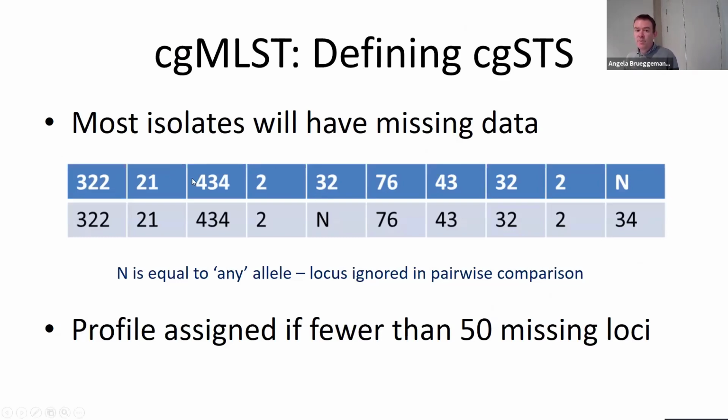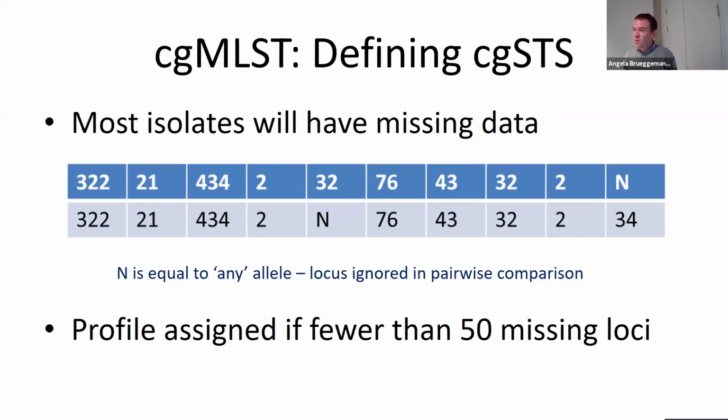Every unique combination of alleles across those 1,600 or so loci will get a different core genome ST. Of course, because even one locus difference gives a new core genome ST, almost every genome will be different at that level. But you also have the complication with genome assemblies that you very rarely get a complete profile. However good your assembly is, some loci will likely be missing.